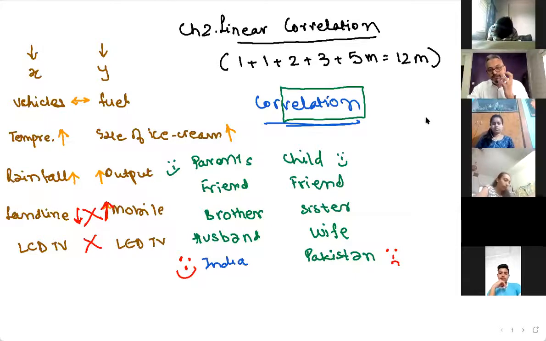If a relationship exists between them, only then can we predict, forecast, and make decisions based on one another. That is the purpose of studying correlation: to establish a relationship between two different variables. So first write all these examples, then we go next.